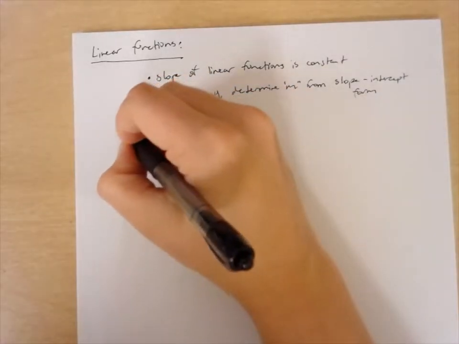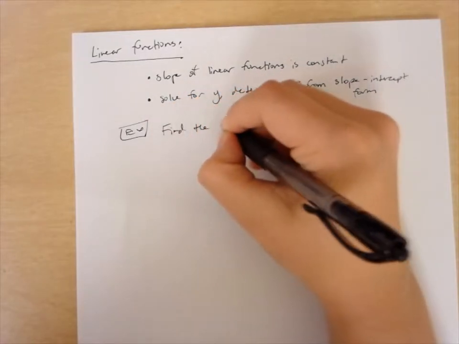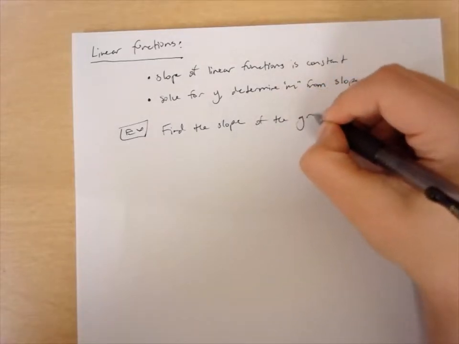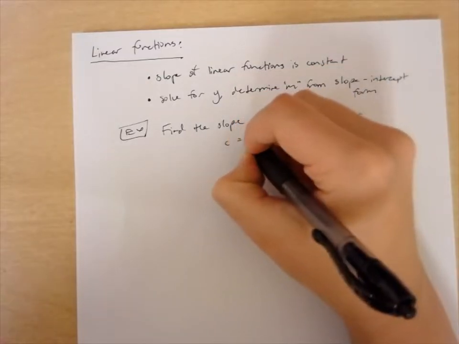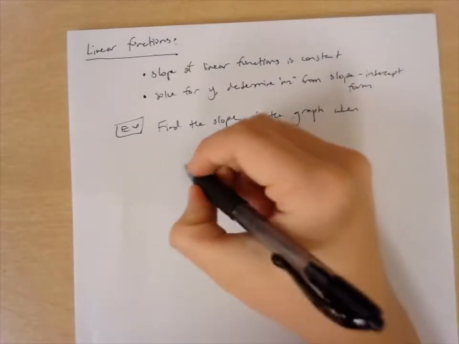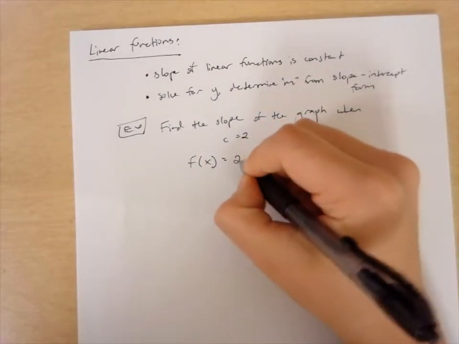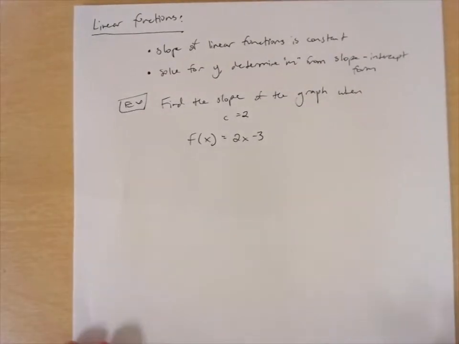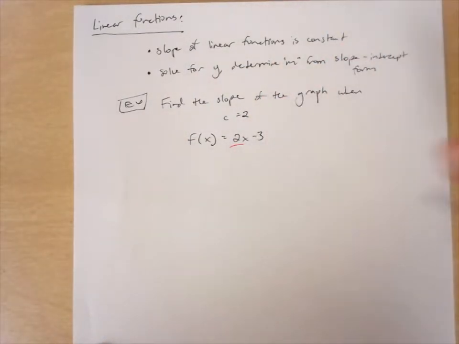Here's what I mean. If we're asked to find the slope of the graph when c equals 2, and we are given the function f of x is 2x minus 3. Well, check it out. This is already in slope-intercept form. I have my m, which is 2.